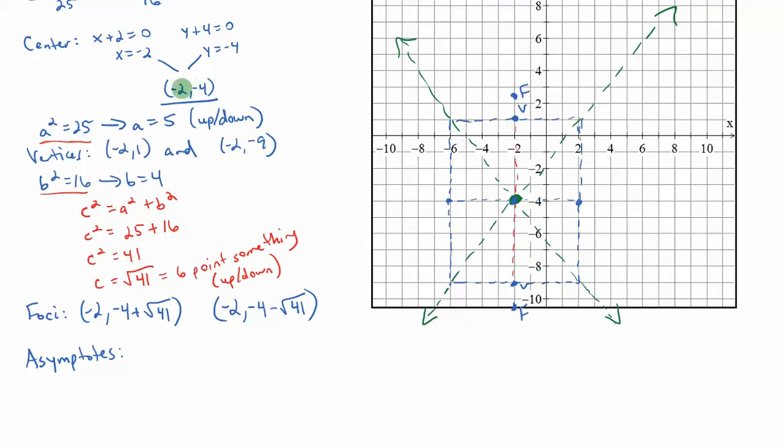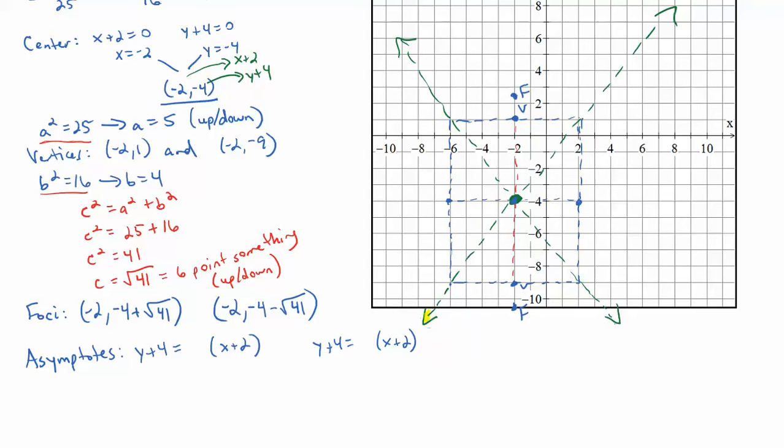My center was the ordered pair -2, -4, which means in the equation I'll have x plus 2 and y plus 4. So my first asymptote equation is going to be y plus 4 equals my slope, which we'll figure out in a minute, times x plus 2. And my other asymptote is going to be the same thing. Y plus 4 equals my slope times x plus 2.